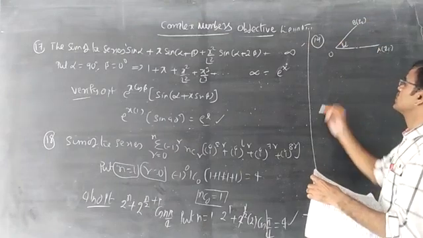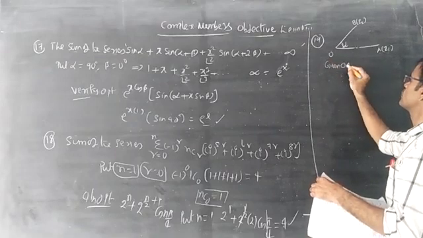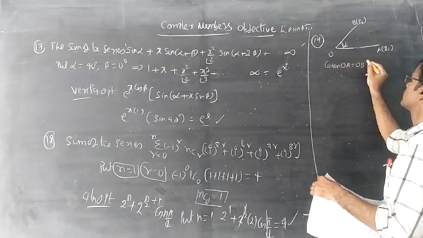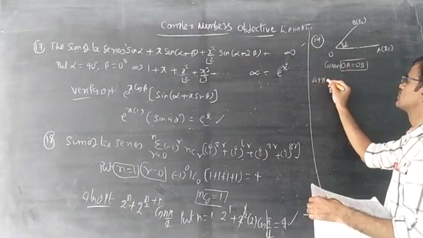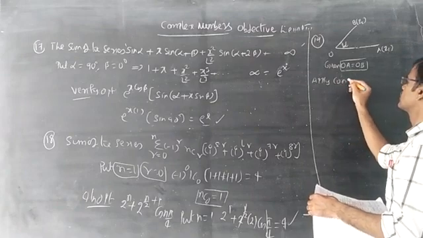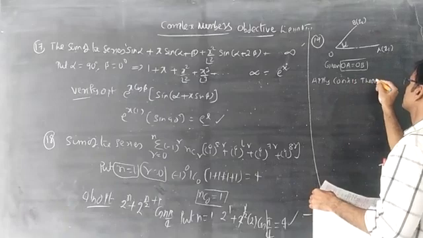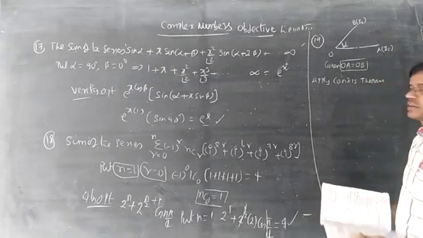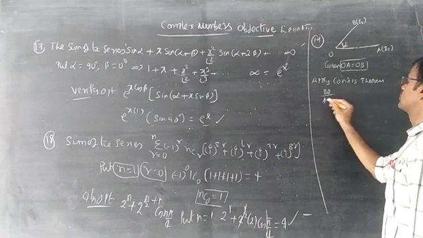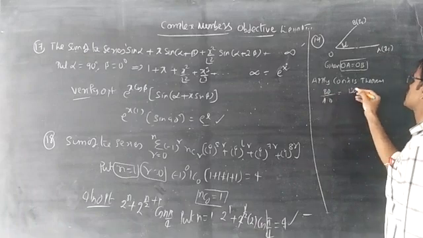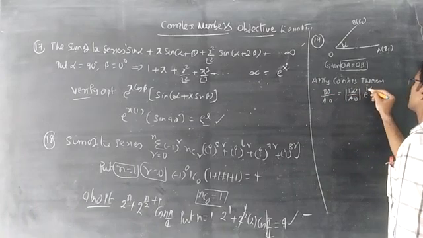Given condition: OA is equal to OB. Apply Cauchy's theorem, Coni's theorem. According to it, we can write BO by AO is equal to modulus of BO by modulus of AO into e power i alpha.